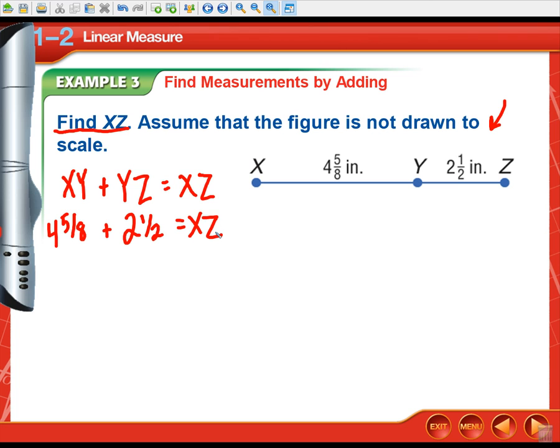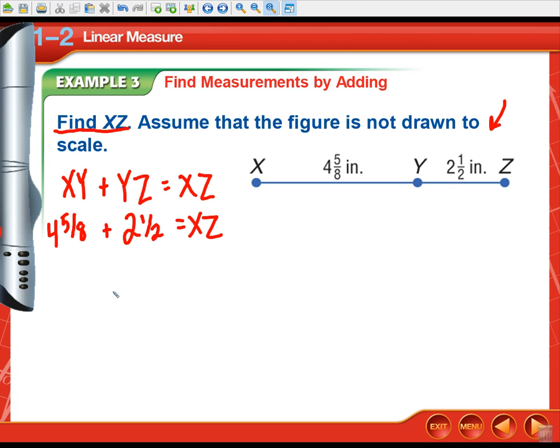And that is equal to XZ, which we do not know, so we're just going to leave that as XZ. Now what we really need to do is add these two numbers together and figure out what XZ is. So we're going to take 4 and 5/8 plus 2 and 1/2, and that's going to be equal to XZ.